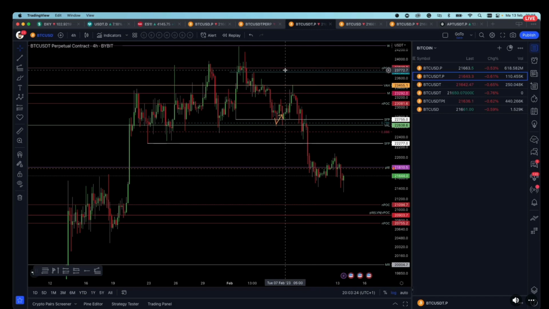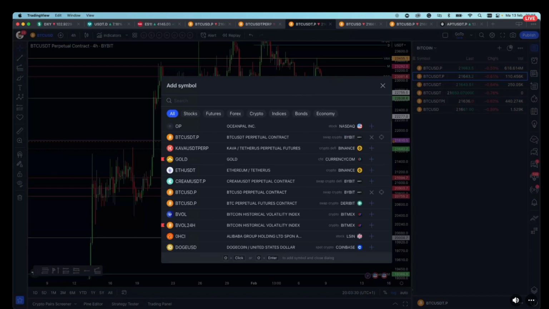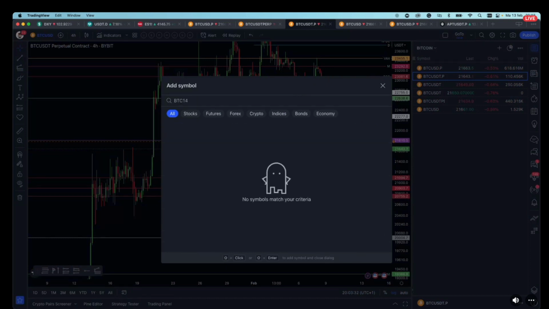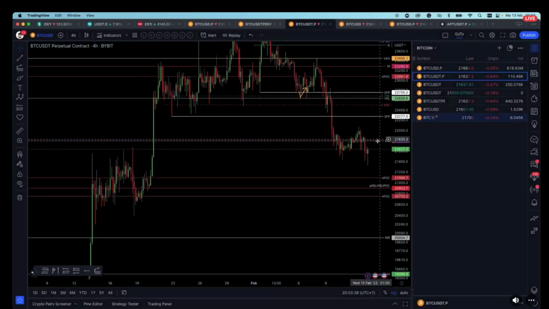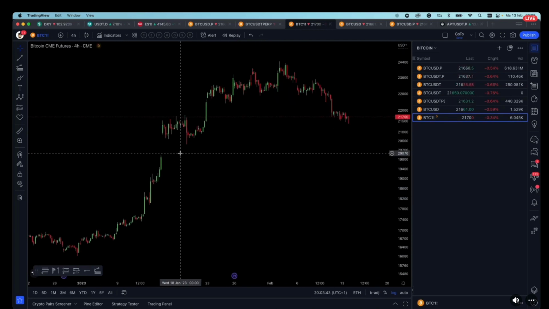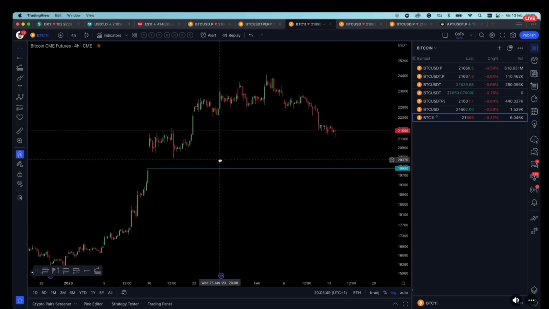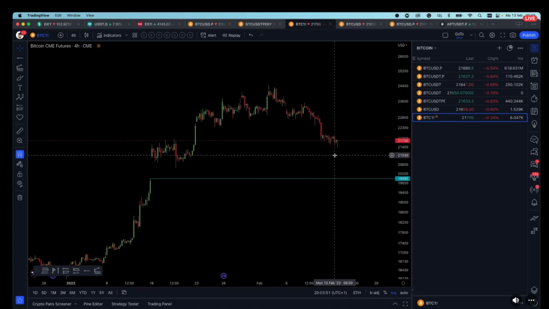So yeah, Bybit is a very good exchange, and you also have a huge gap on the CME. Let's see. Yeah, here. So this gap might actually fill as well.